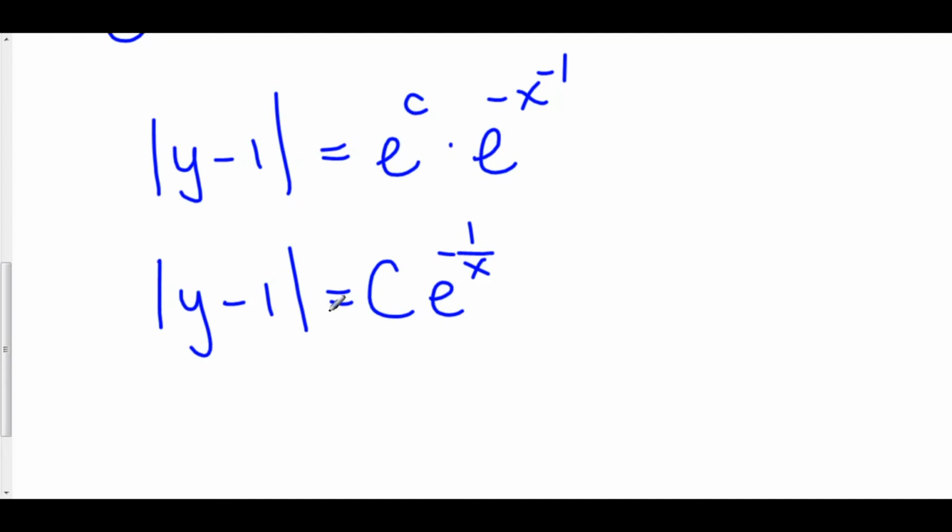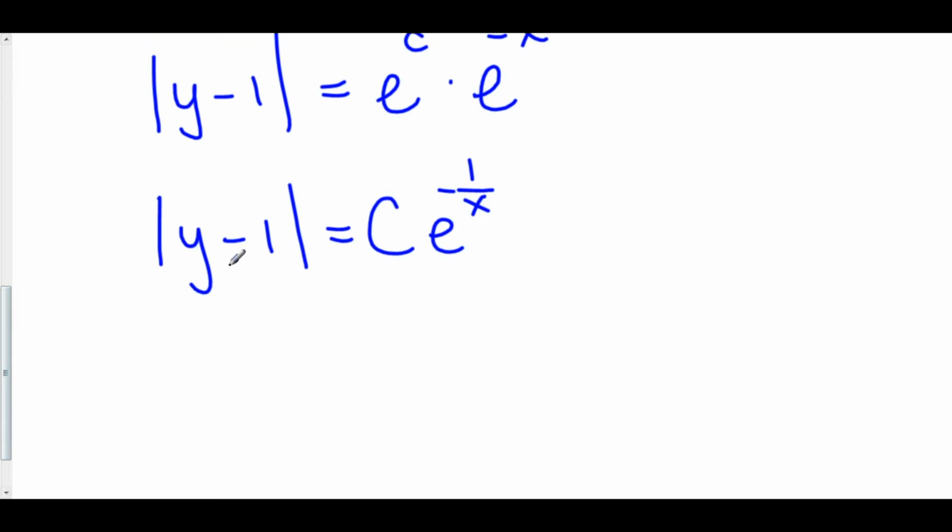And if we do that, then we don't actually need these absolute values, because absolute value enforces that our function y minus 1 has to be positive. However, the right hand side is always going to be positive as long as we pick a positive c. So let's just get rid of that absolute value.